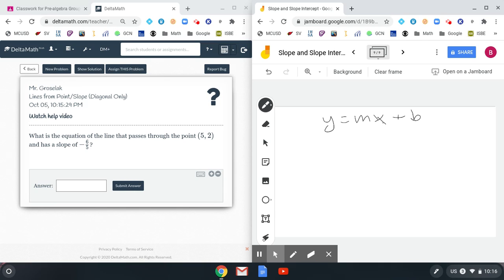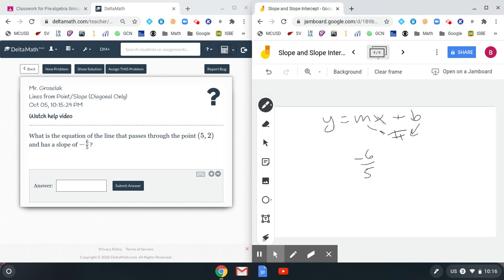Once we've plugged it in, the only two things that should have numbers are m and b. x and y should stay x and y. But we can use x and y to solve for the other two numbers, because we're given m in this one. We're given m is negative 6 over 5, but we're not given what b is. We need to solve for b.